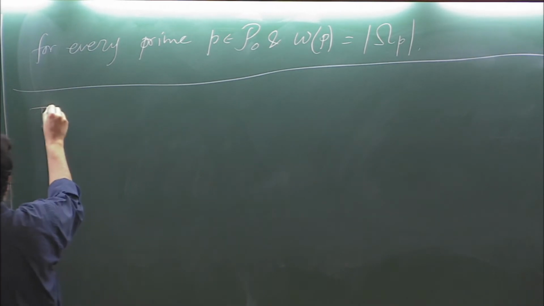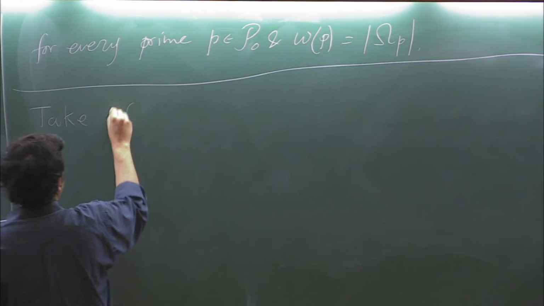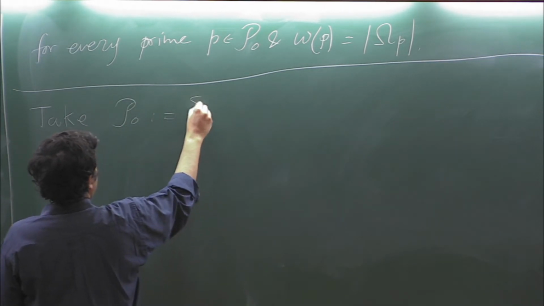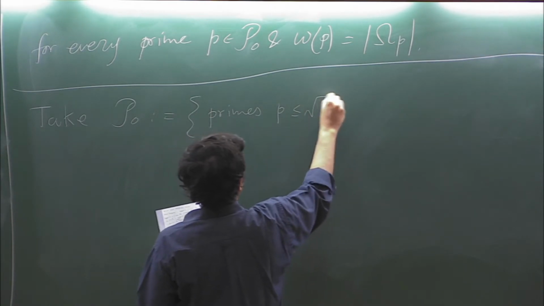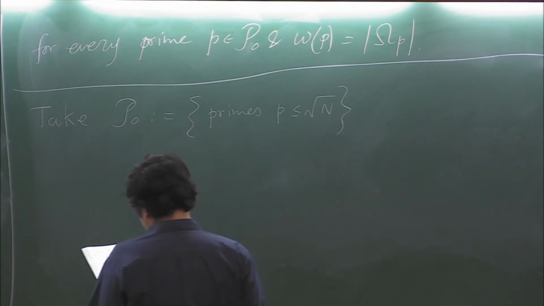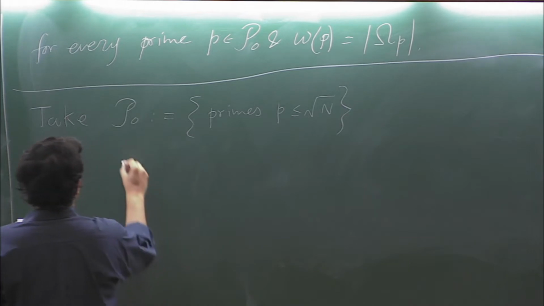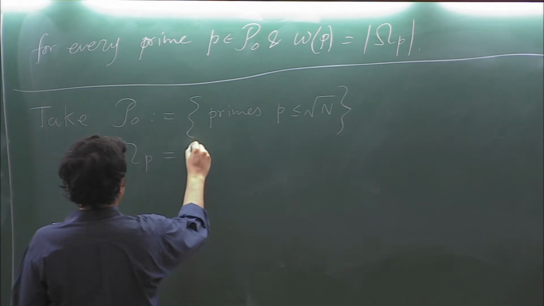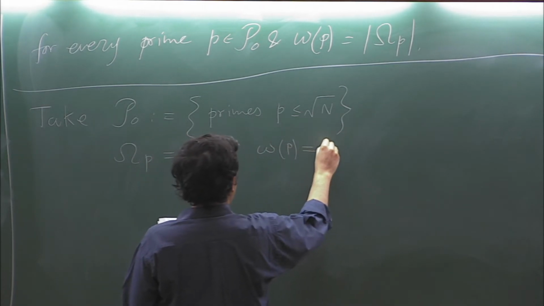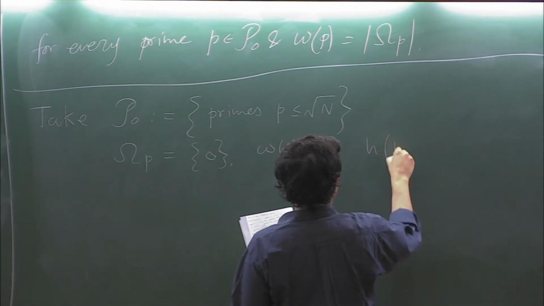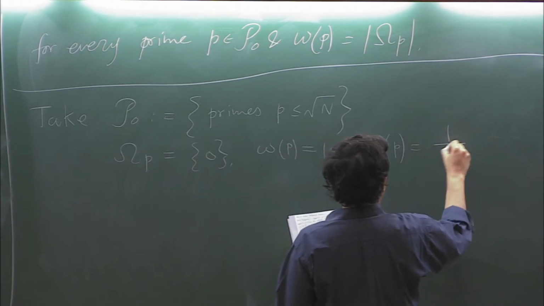So take P naught to be the primes p up to square root n, and omega p to be the residue class 0. So therefore omega p is 1, and therefore h_p is 1 upon p minus 1.